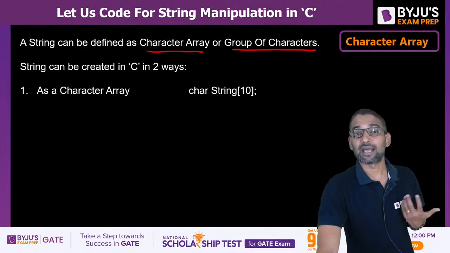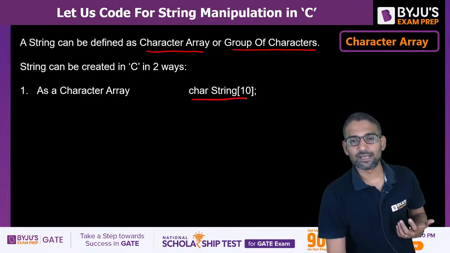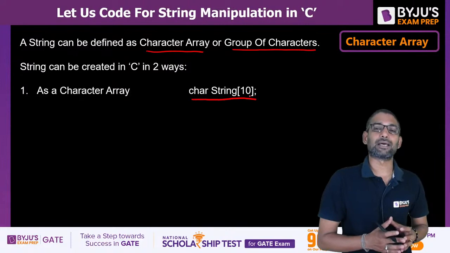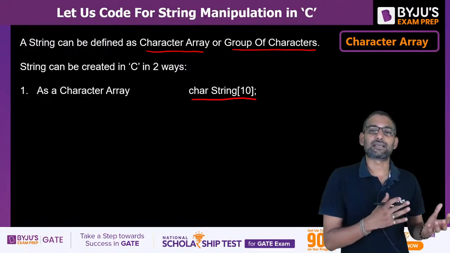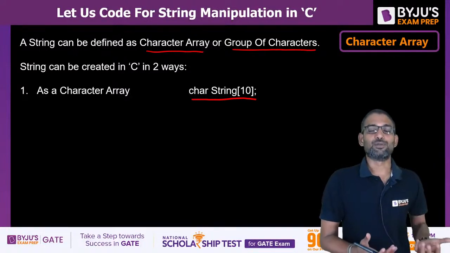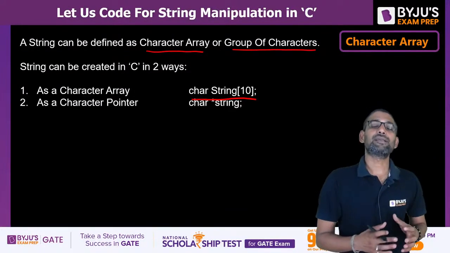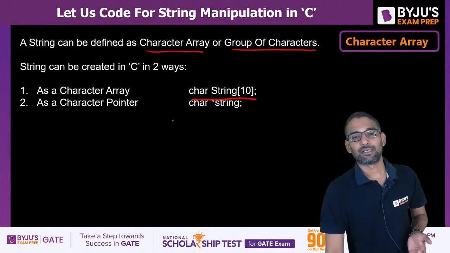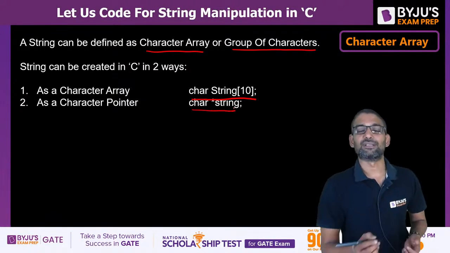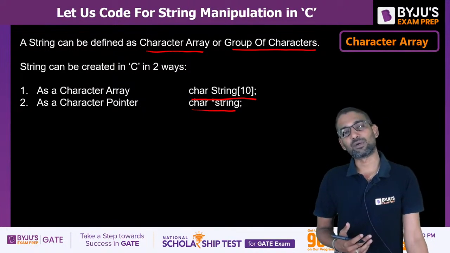One as a character array, as you see the example. Suppose I would like to create one string of 10 characters. I am creating it as a char string of 10. So this is the usual way to create character array. And as a character pointer, like a char star string, you can create as character pointer also.